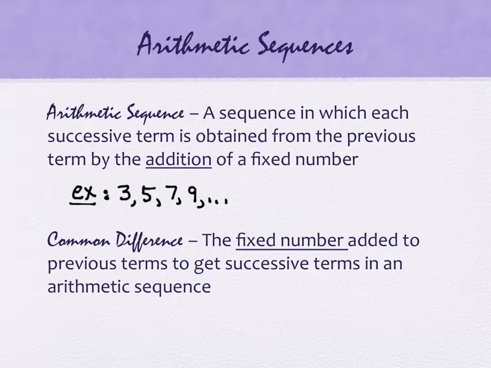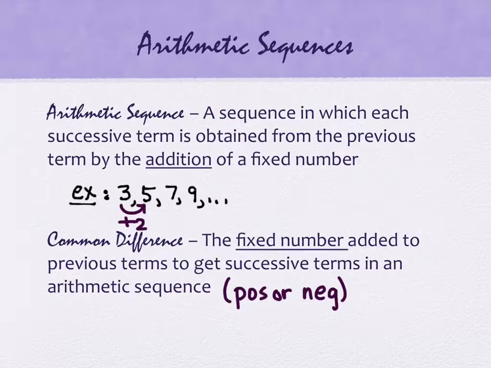So this pattern is plus 2. I get between terms by adding 2. The number that I add every time is actually called the common difference. It's the fixed number added to previous terms to get successive terms. The common difference, I mentioned it, and I'm going to mention it here again, could be positive or negative.